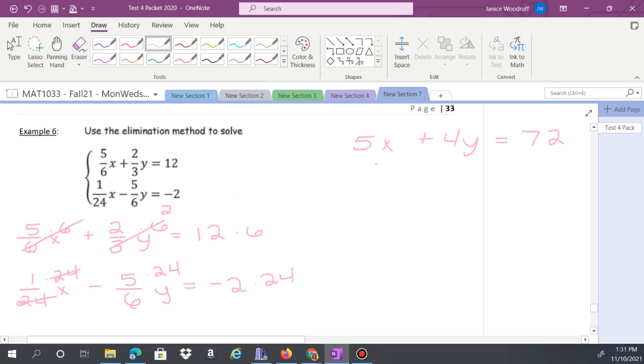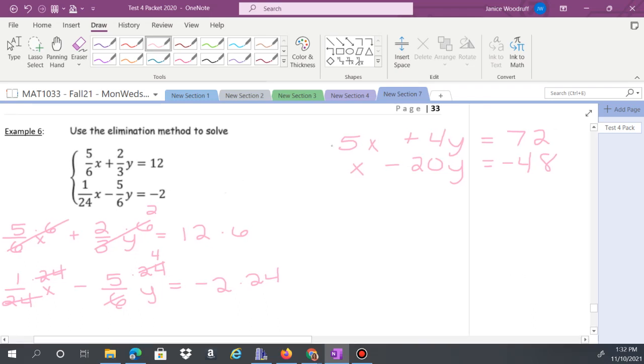That's going to give me just x. 6 goes into 24 4 times. So that's going to be minus 20y. And then negative 2 times 24 is going to give me a negative 48. Okay, so the fractions are gone. So now we want to eliminate these. So we can eliminate either the x's or the y's. Which one do you want to do?